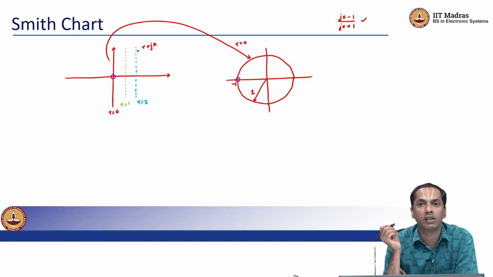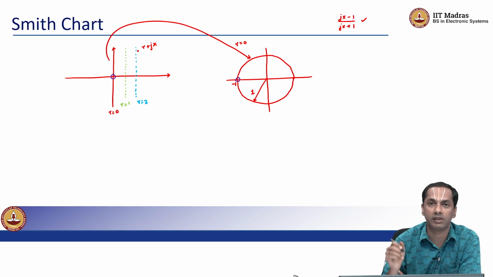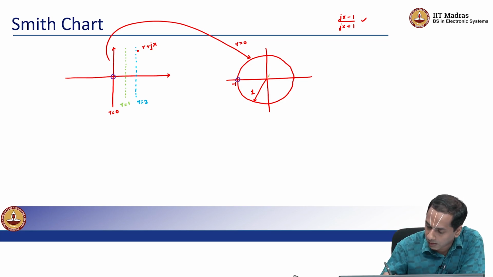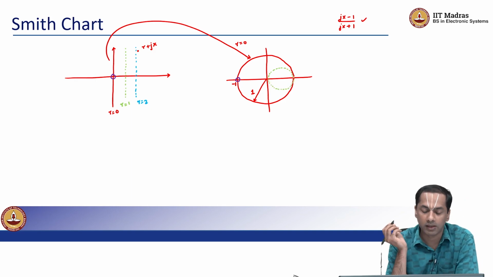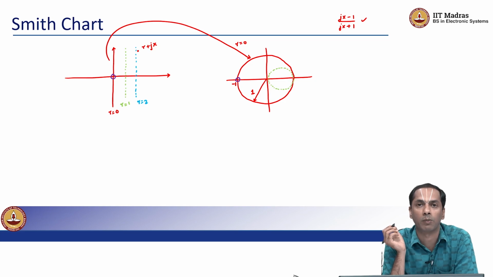So when x equals 0 and r equals 1, which is the intersection of this vertical green dotted line with the x-axis, that point will actually correspond to a reflection coefficient of 0, or the center of this, right? So you can check, using a computer, but essentially that line, the green dotted line, will map to a circle that is centered at half and has a radius of half, such that it passes through the origin, right?